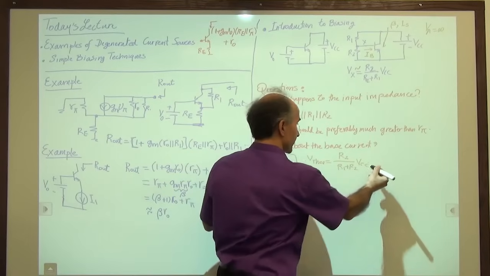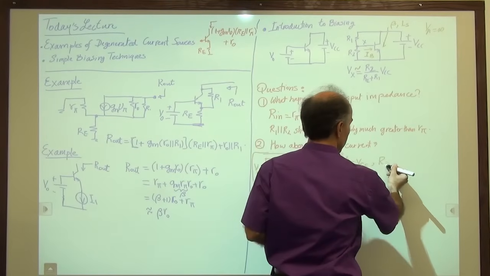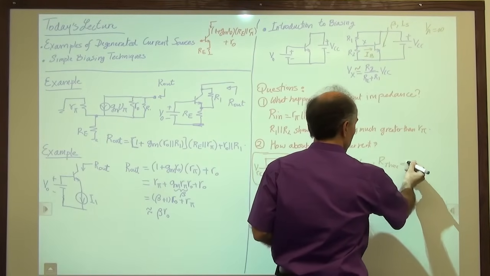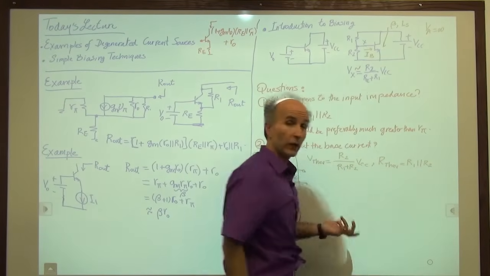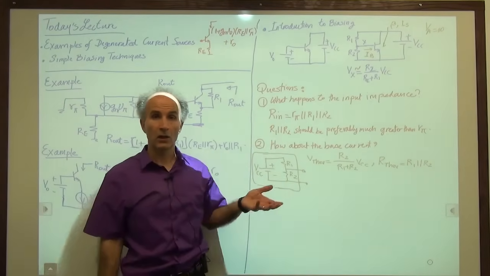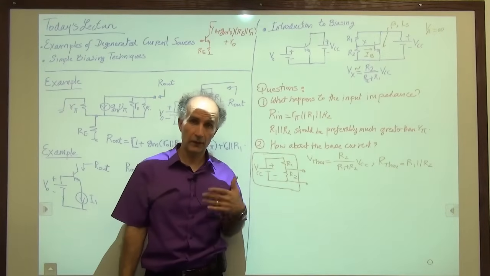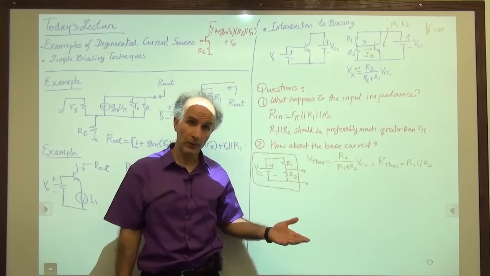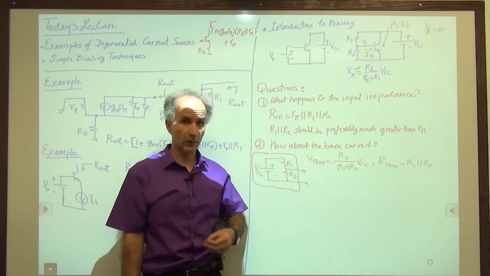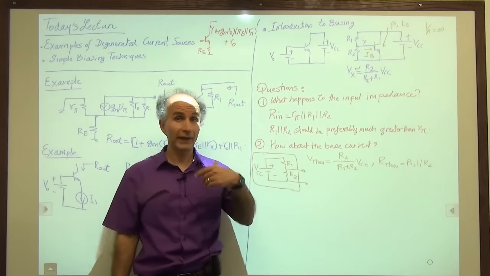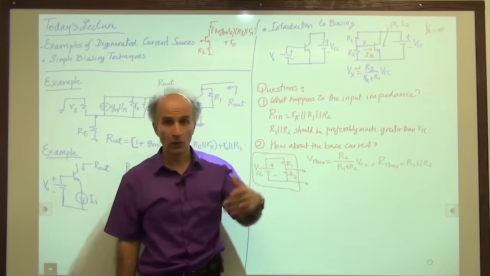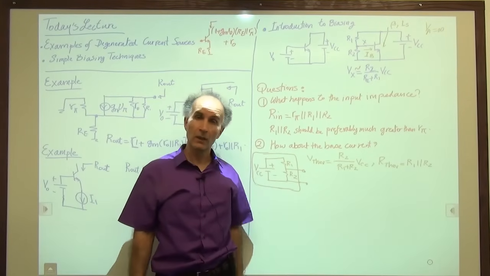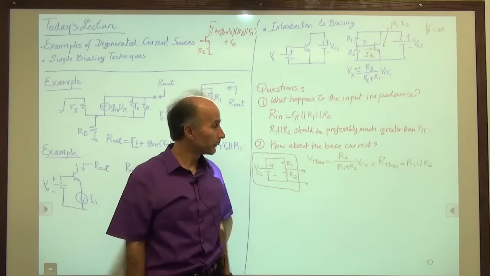So the Thevenin resistance is simply R1 in parallel with R2. So now you begin to see why all of these little theorems that we learned in basic circuit theory are so important. You have to be comfortable with these, you have to be able to use them, you have to be able to recognize that a circuit lends itself to a Thevenin equivalent or a Norton equivalent or many other topologies that we have seen.